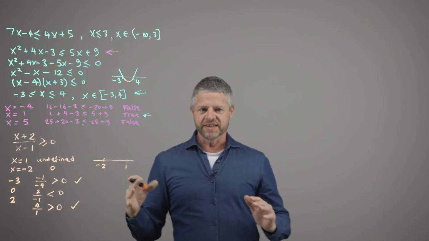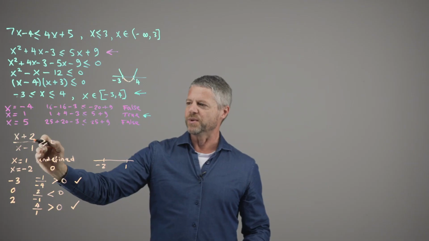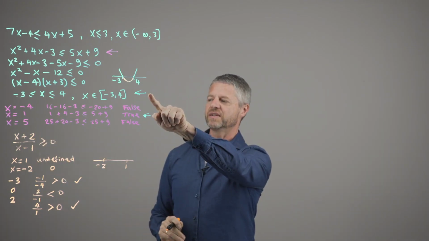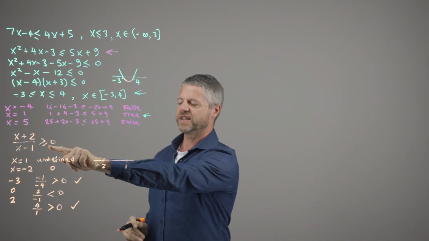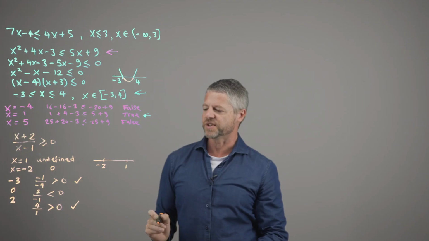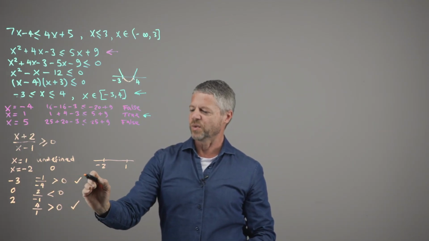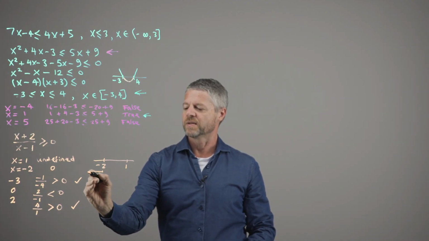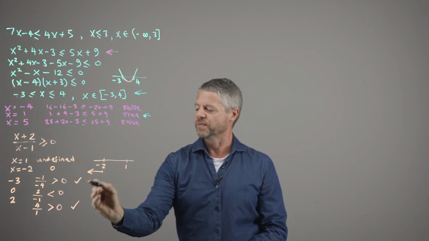So putting all these pieces together, remember we want to end up with a statement kind of like this one, for which this rational function is, in this case, greater than or equal to 0. And we've discovered that it works when we are on the left-hand side of -2, including -2.